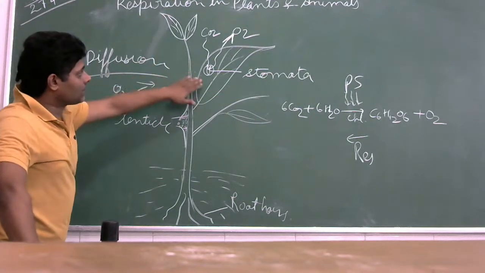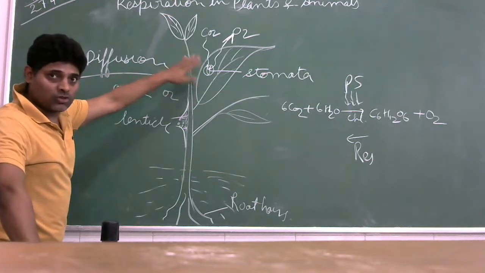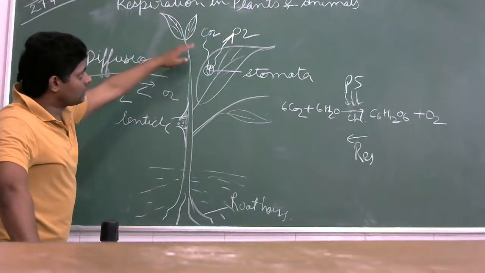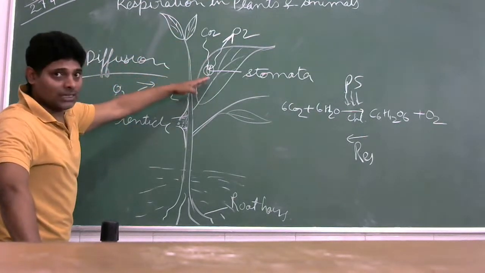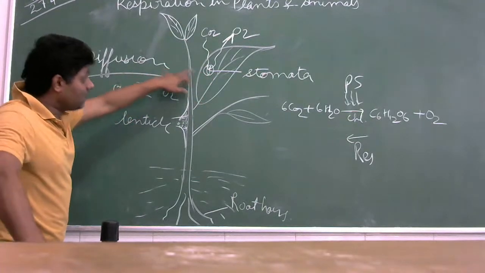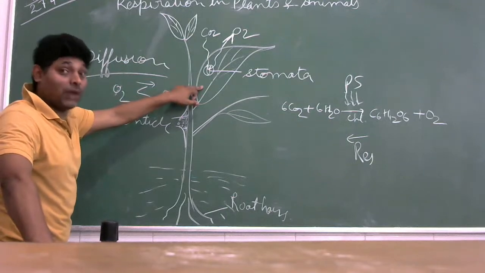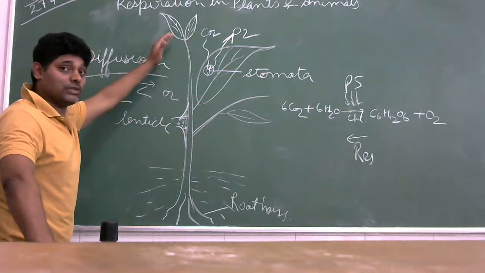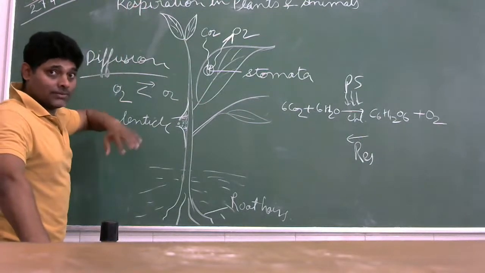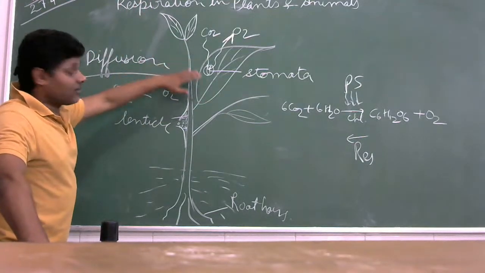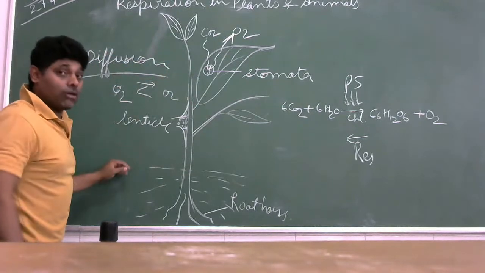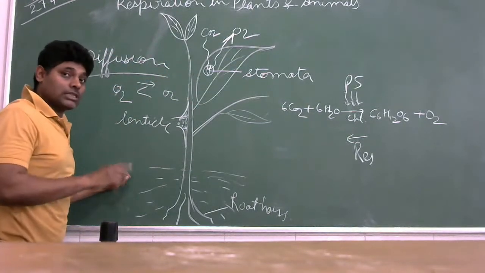So the concentration of oxygen is higher in the atmosphere compared to the plants, so oxygen will easily move inside the plants. And at night, carbon dioxide concentration is more in plants than the atmosphere, so carbon dioxide will move outside. During the day, all the carbon dioxide inside the plants is utilized in photosynthesis.